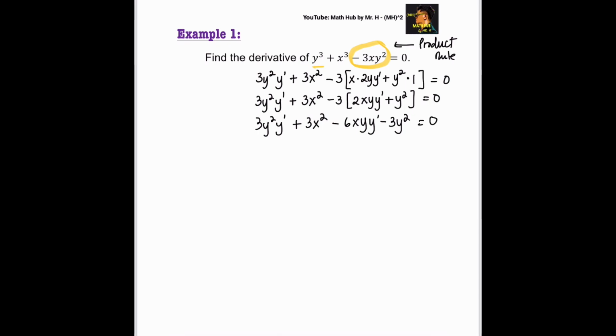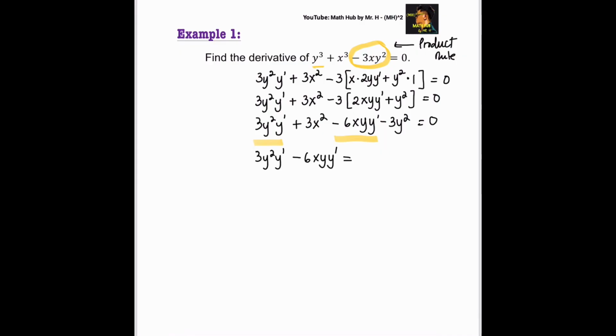Now, the next step we need to take is to gather all the terms with y prime on one side and the rest of the terms that do not have y prime will be put to the other side of the equation. Looking at all the terms, we can see that this term and this term have y prime, so we can leave them on the left-hand side of the equation.